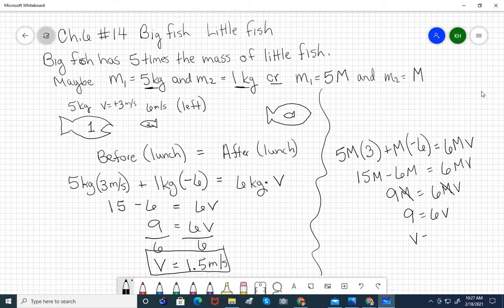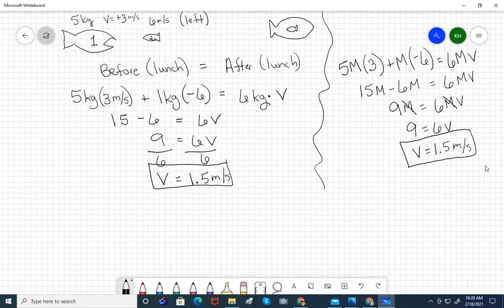And that still gives me v equal 1.5 meters per second. So it doesn't really depend on the actual masses. I just need to know that one is 5 times bigger than the other. So it's really easy to say, well, let them just equal 5 kilograms and 1 kilogram. So that was the first fish combination when I pulled up the problem. Let's look at the next one.